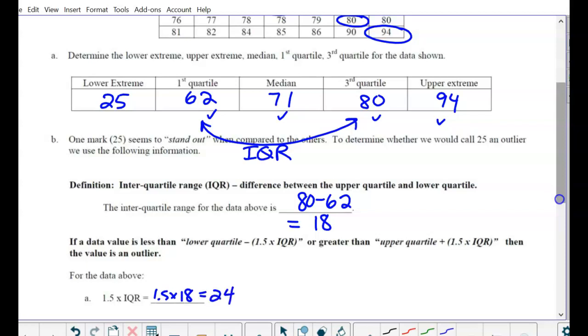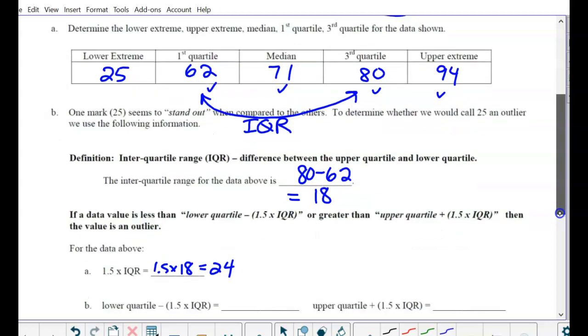So that would be 24. So it's basically saying, okay, if the whiskers are 1.5 times as long as the length of the box, then that's reasonable. But anything more than that will be what's called an outlier.